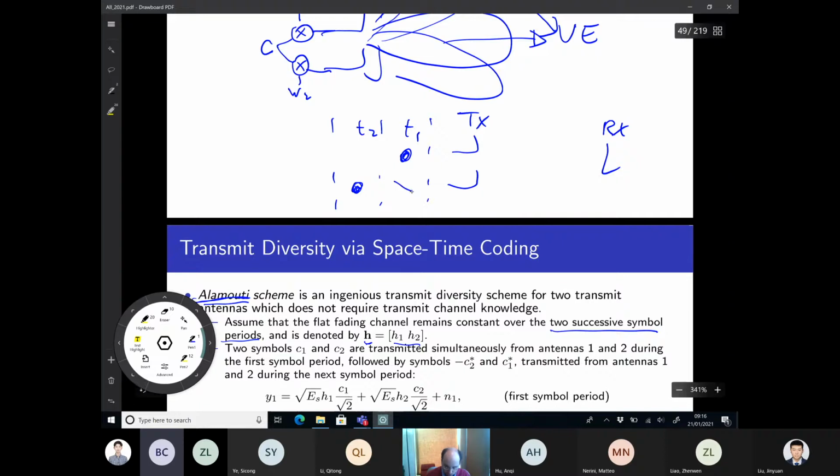Then another symbol will be transmitted at time 1 on the second antenna, and a slightly different version of it at time 2 on the first antenna. So instead of transmitting one per symbol period, you're going to transmit two per two symbol periods, using a form of matrix.